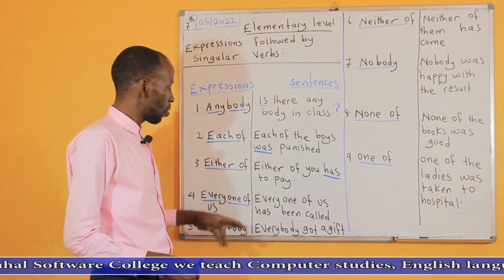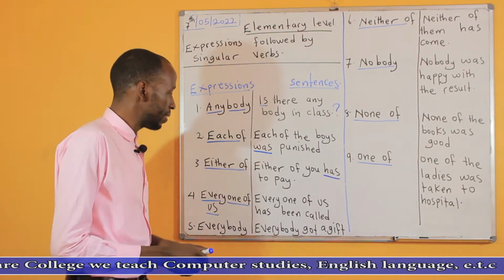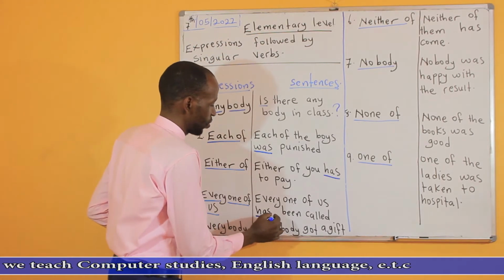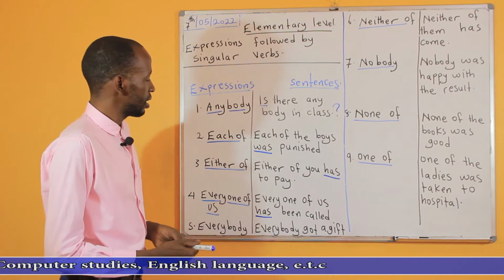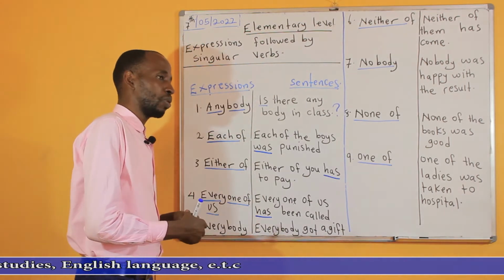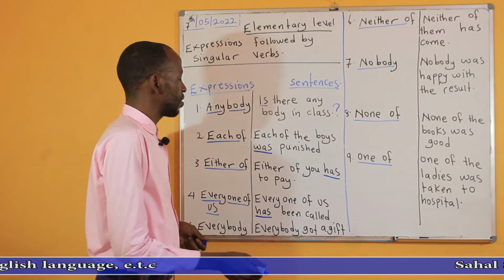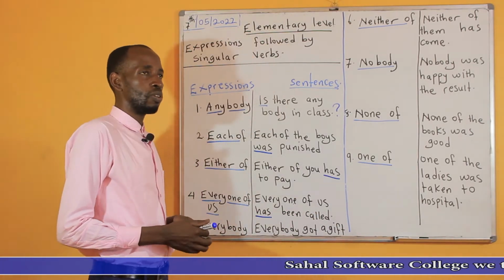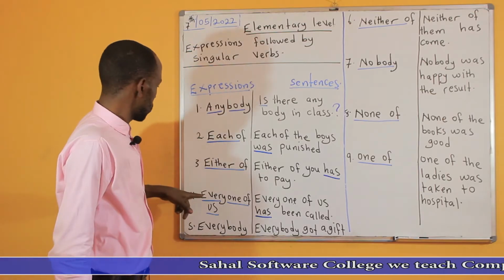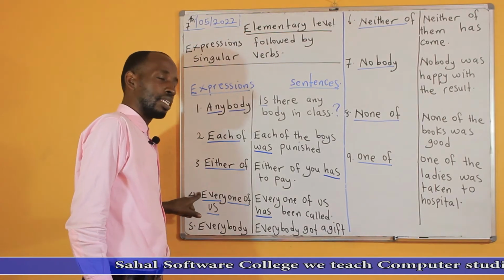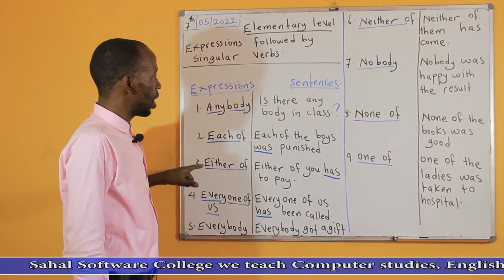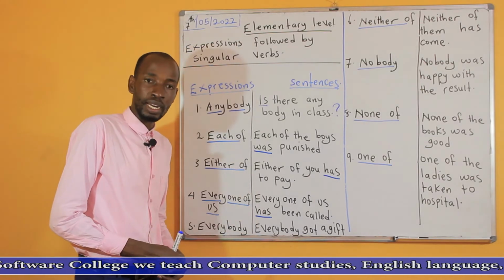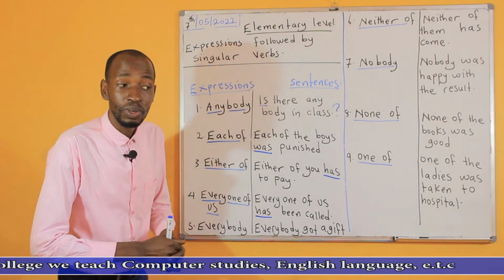So every one of us has been. You cannot say every one of us have been called. No. Every one of us has been called. Why use has? Because you are talking about everyone. Is it okay, friends?